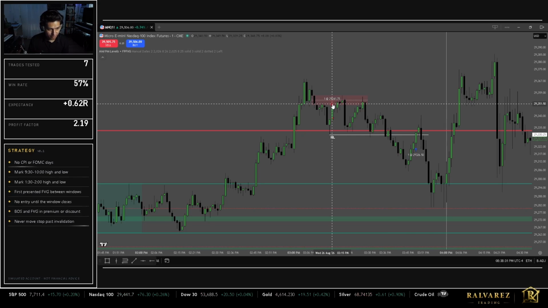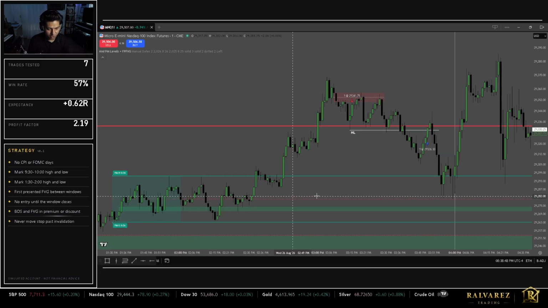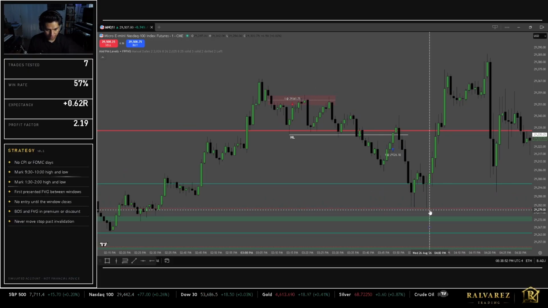We entered on this candle right here, and we actually got stopped out up on this high. Initially my take profit was the 50% of the PM session and also the high of it. This candle either touches it or almost touches it, but either way, that was right before the market closed.